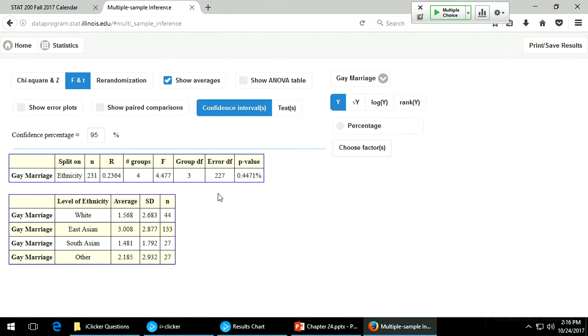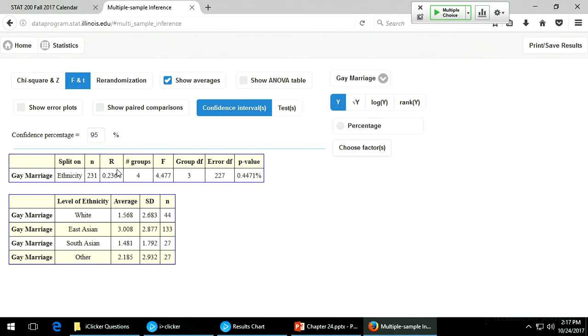After we see that it's overall significant, this is an overall test for significance. We can compare it with the chi-squared, and we get a slightly bigger p-value right here with the F and t as usual. And here's our r, 0.2364. That's our multiple correlation coefficient.